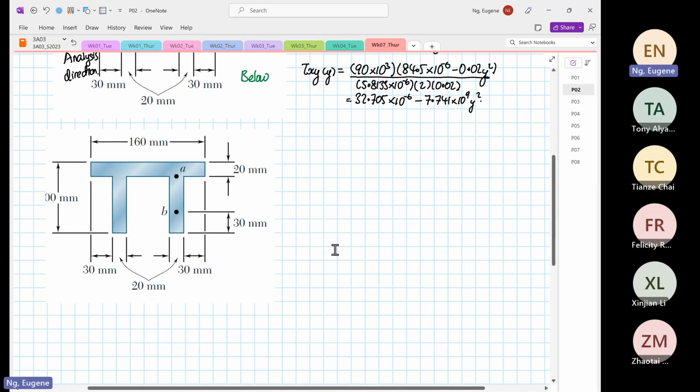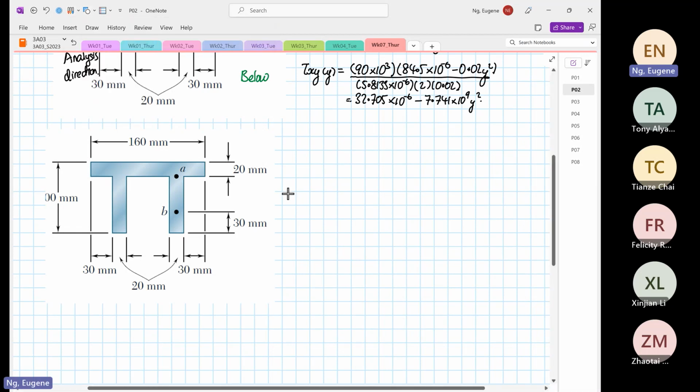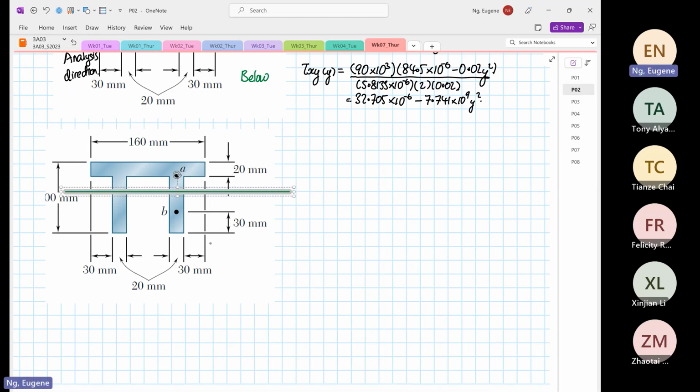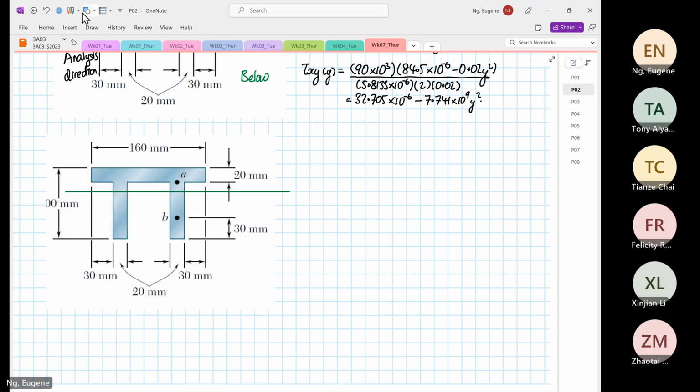I'm going to make the assumption that this line over here is my centroid. Let me shift this down a bit. Okay, that's about 0.03.